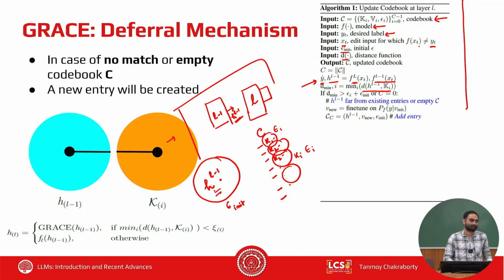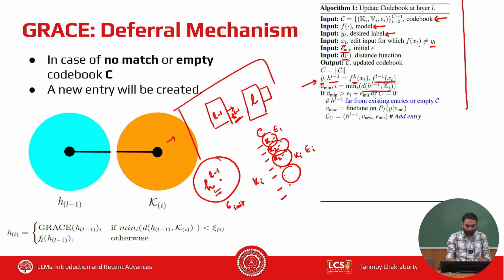The minimum one, because the minimum distance knowledge essentially indicates that this is the most similar knowledge present in the codebook. Let's say this is k_i. Clear? So far so good. So k_i is the most similar knowledge present in the codebook with respect to h_{L-1}.